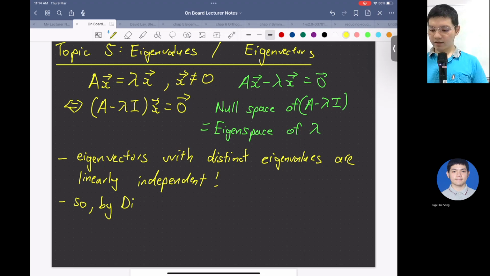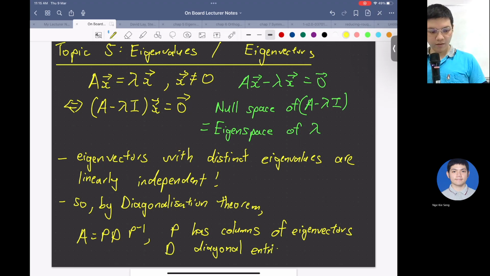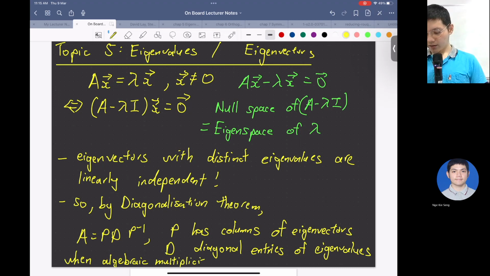By the diagonalization theorem, we have A equals P D P inverse, where P has columns of eigenvectors and D is diagonal with entries of eigenvalues. When can we do this? Only when the algebraic multiplicity of each eigenvalue is equal to its geometric multiplicity.